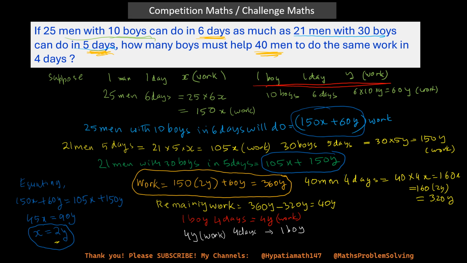So instead of 4y, it's 40y. So 40y work will be done in 4 days by 1 out of 4y times 40y, and that is 10 boys.